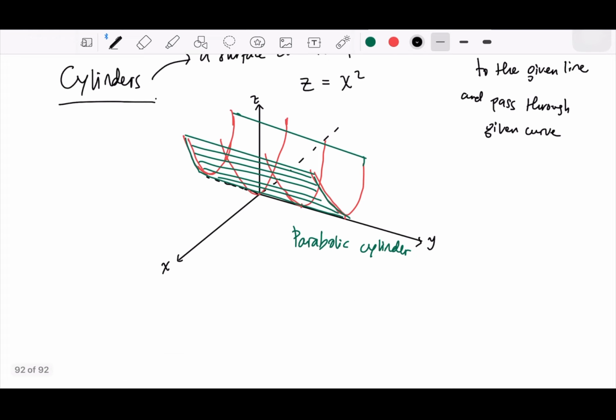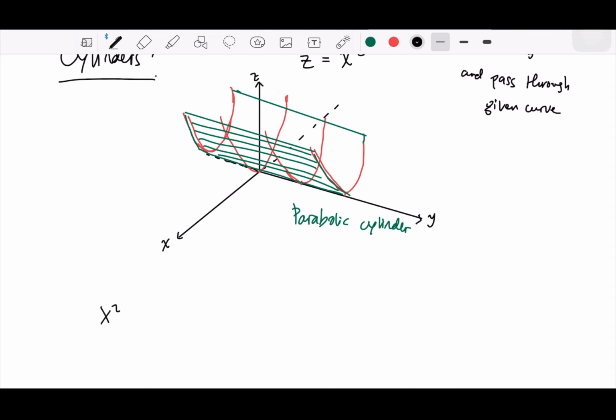And in the same way, if we have x squared plus y squared equals 1, we can think of this as a circle. But in terms of 3 dimensions, it becomes a tube, or a cylinder. Or maybe another circle. It's the same shape but in different directions.